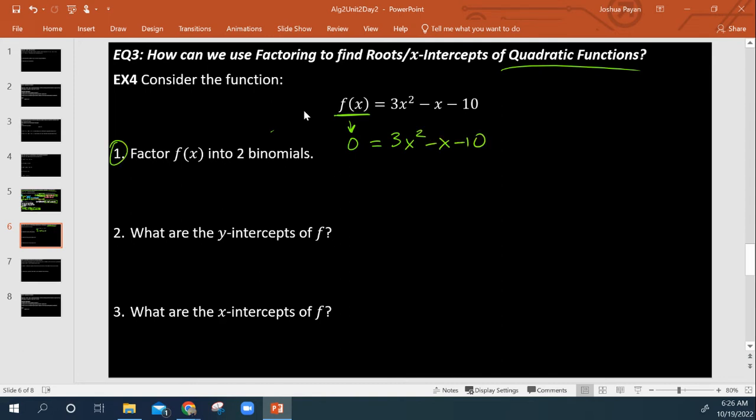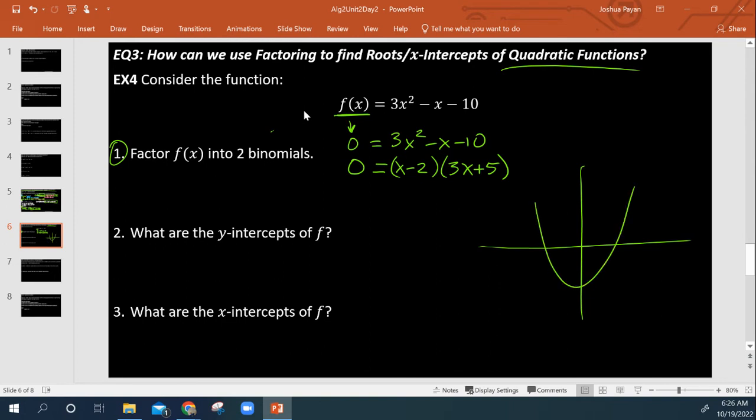Okay, so I'm going to follow this little deal right here. So I'm going to factor, and of course, when I factor, I'm going to skip some steps here. When I factor, I'm going to end up with x minus 2 times 3x plus 5, and I'm setting this equal to 0, because again, x-intercepts happen where y equals 0, or in this case, where f of x equals 0.